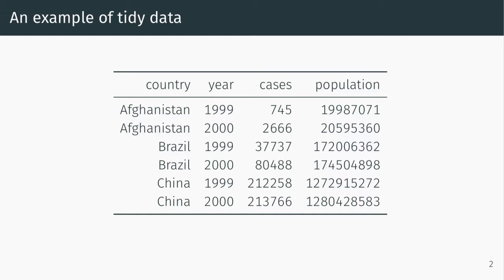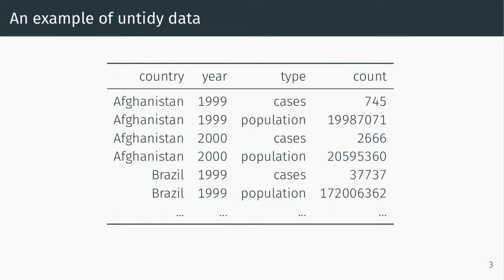These are cases, tuberculosis cases in 3 countries over 2 years, and the populations of those countries. Here's an example of untidy data. It's the same information. The table isn't complete just to save space on the slide, but it's basically the same information.